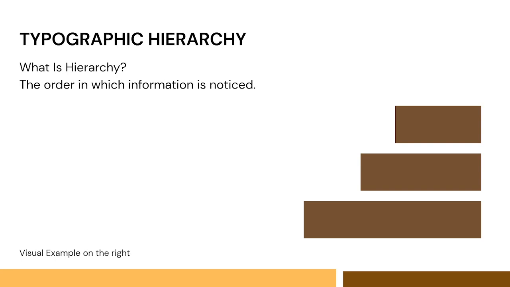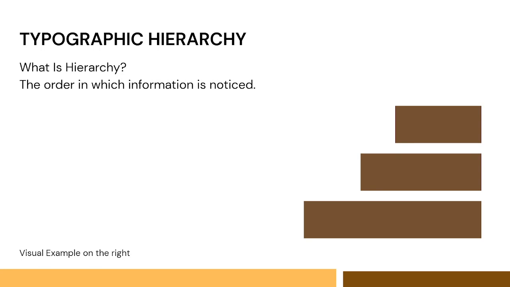And we also have typographic hierarchy. Hierarchy is the order in which information is noticed. We can see here the first block, the second block, and the third block.